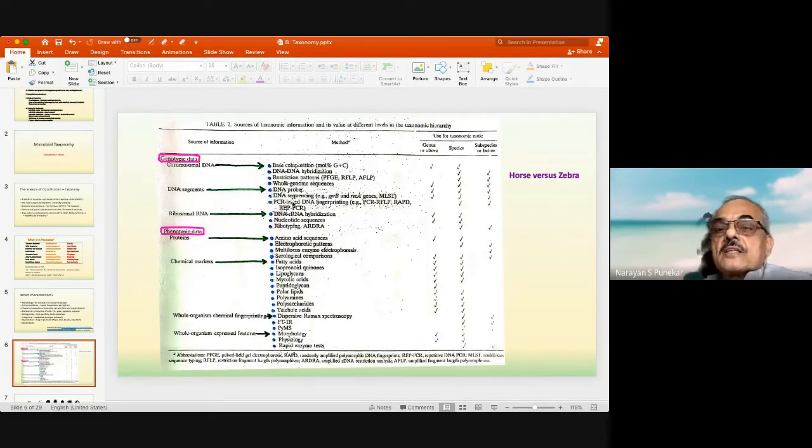So they are two different genus. Okay. But what is missed in the process is that one is not looking at the horse itself or the zebra itself. Just look at the stripes. The stripes are there, or the stripes are not there. That's a very important feature, right? You understand what I'm saying?